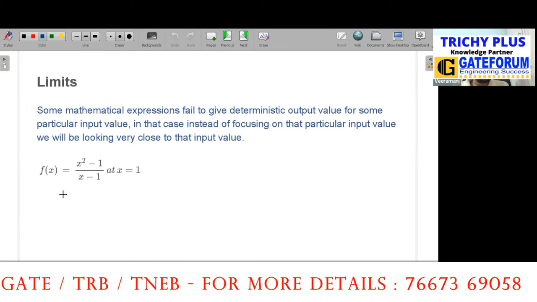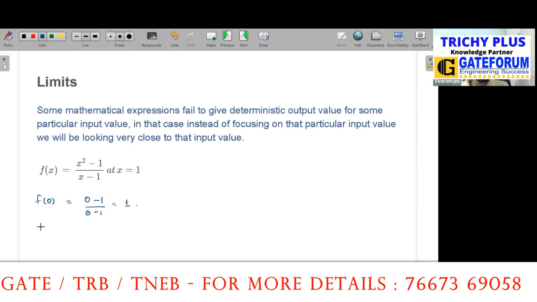Fine. So f of x is equal to (x squared minus 1) divided by (x minus 1). If I put f of 0, what will you get? This is going to be (0 minus 1) divided by (0 minus 1), so minus 1 divided by minus 1, you'll be getting 1.